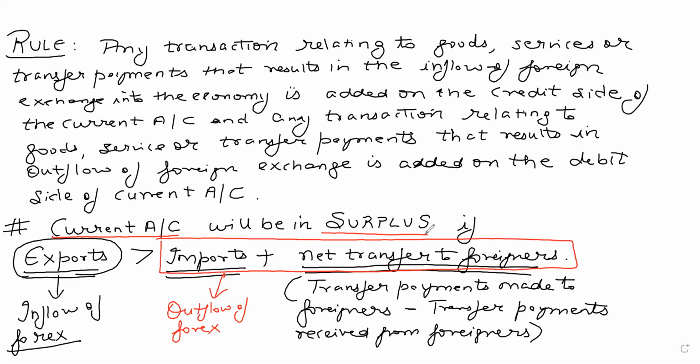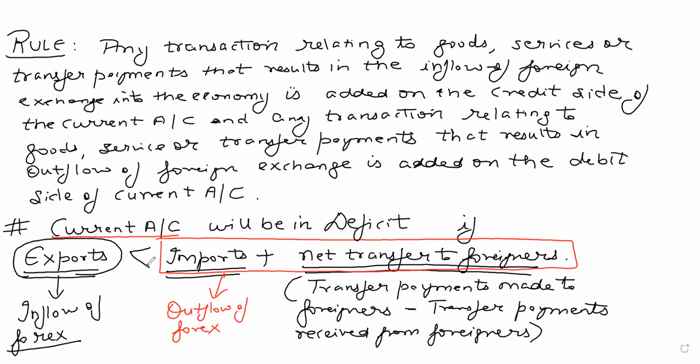So hoping that students have understood this and have no doubts. And likewise, we can say the reverse. We can say that the current account will be in deficit if the reverse happens. The current account will be in deficit if the exports are less than the imports plus the net transfer to foreigners.